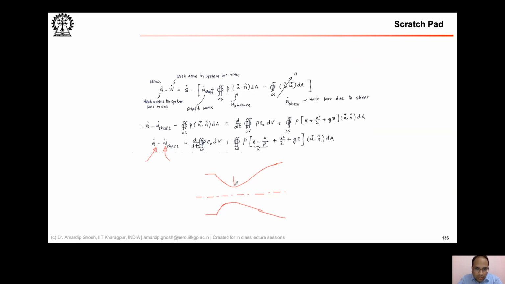If you think of this as the throat, and this as any other station, assuming it's a sonic throat, there will be a relationship of Mach number versus A by A star, etc.